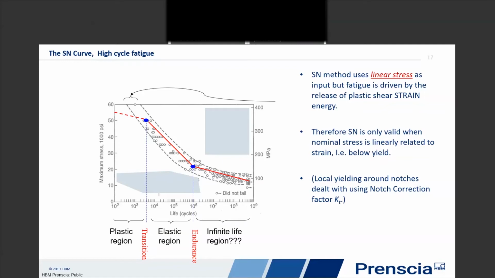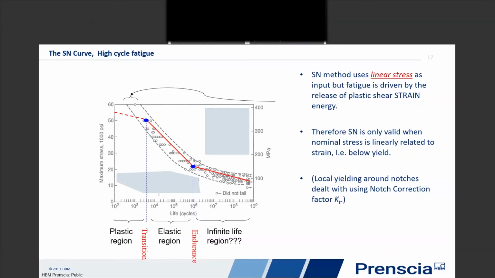The driver for fatigue is really strain cycles. The only time that stress and strain are proportional is when we stay below the yield stress. So a stress life approach is really only appropriate out in what we consider to be the high cycle regime.